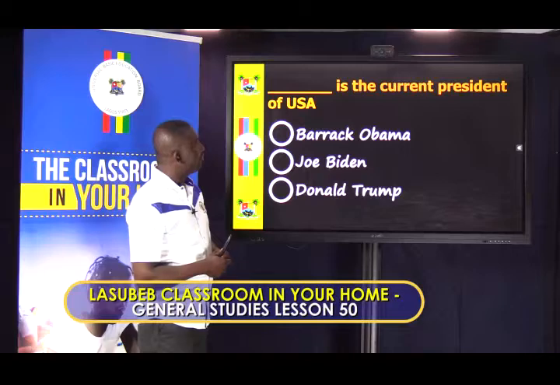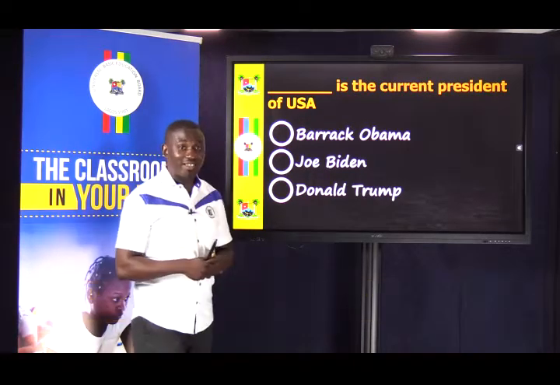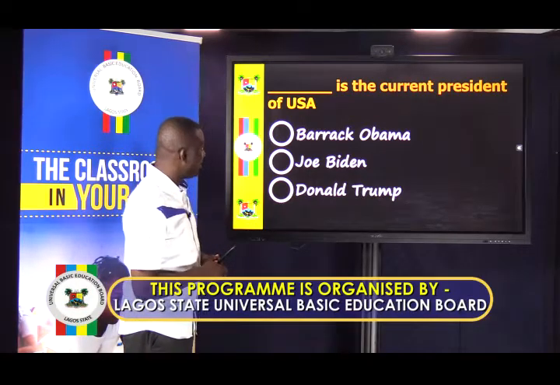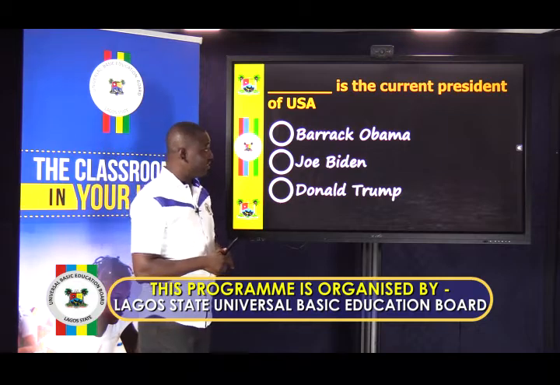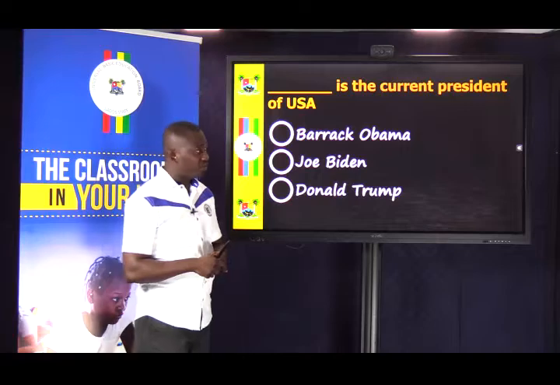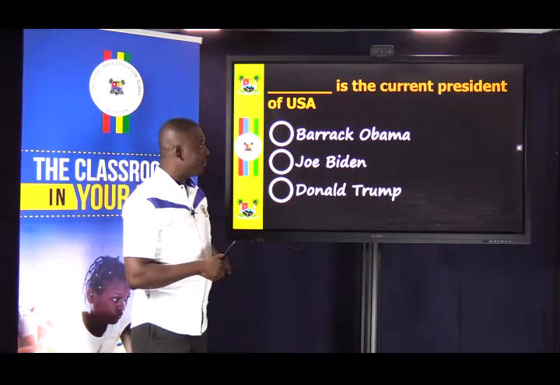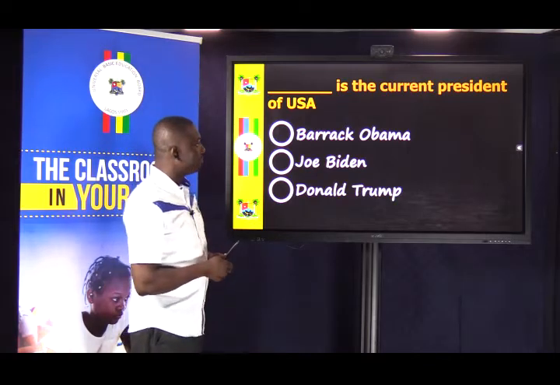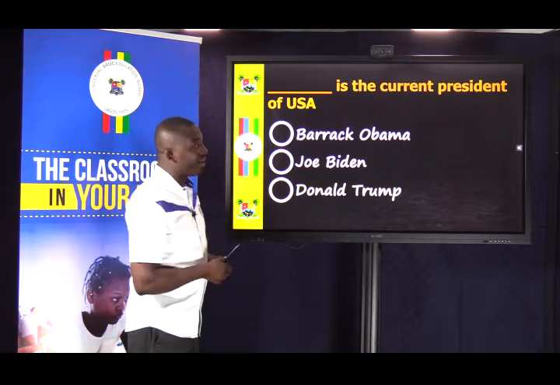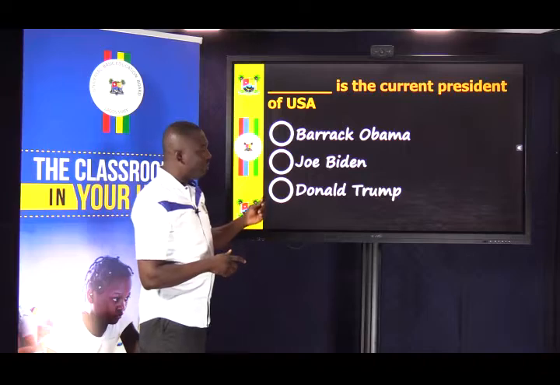Dash is the current president of USA. Oh, I remember we did this too in our Did You Know section. Is it Barack Obama? Is it Joe Biden or Donald Trump? Who is the current president of the United States of America? Please put down your answer quickly. Be smart about it. Have you done that? Okay. Barack Obama.